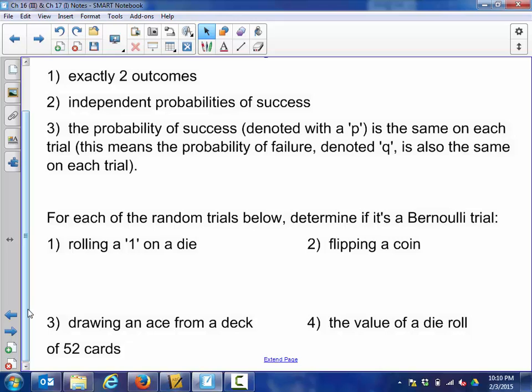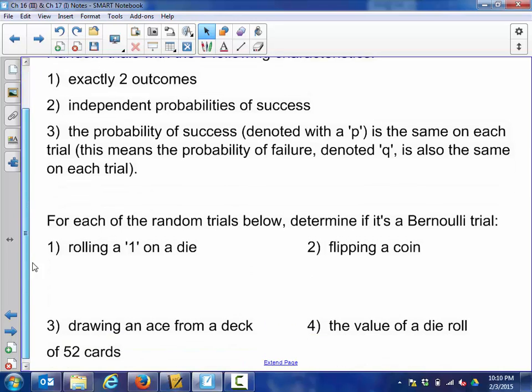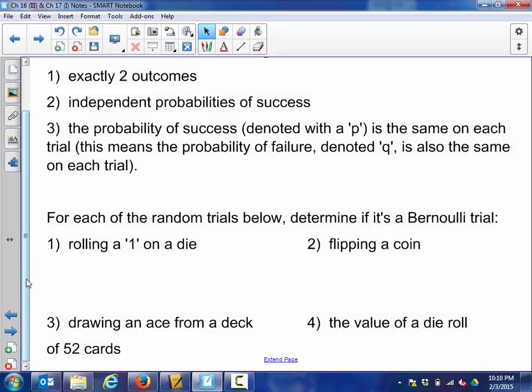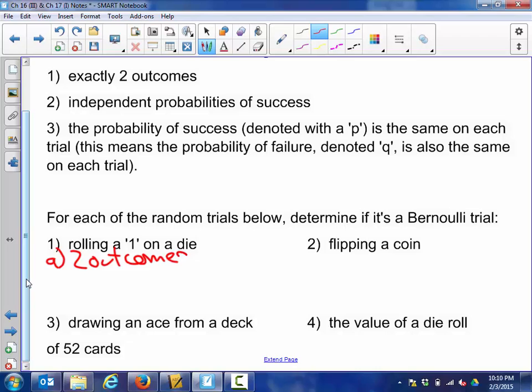Well, rolling a 1 on a die. Notice I'm just saying rolling a 1 on a die. I'm not talking about the number of dots that come up on a single die. So we actually only care about two things. Did we roll a 1 or not? So for the first piece, this has two outcomes. That condition is met. For the second piece, independent probability of success, sure, you roll a die a single time.